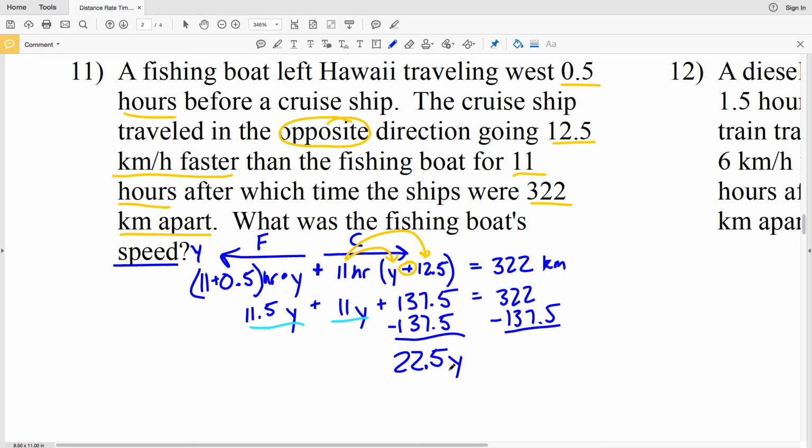So 0 plus 22.5y is 22.5y. And that's equal to 322 minus 137.5, which is 184.5. Next, I'll divide both sides by 22.5 to get y all by itself.